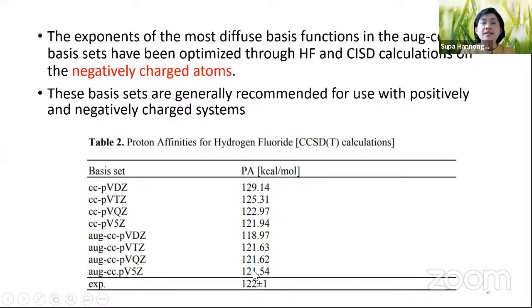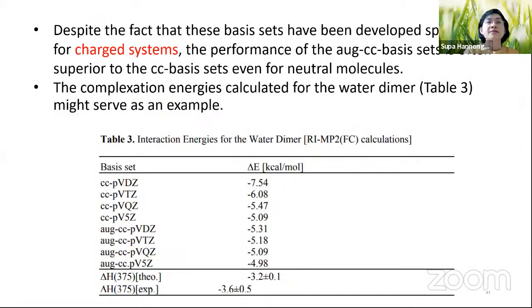You can see that only the very high CC-PV basis sets can come close to the experimental value. The lower ones are not bad, but if you would like very precise data, you need a very high level of basis set or theory. This is a nice example, I think.